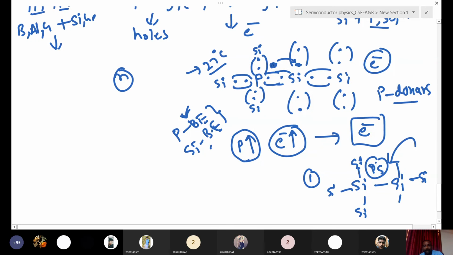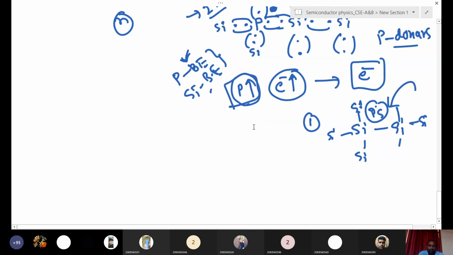Once they break the bond, they will replace another electron in a covalent bond, and like that the number of electrons increases if we increase the phosphorus atoms. Just a minute, I will explain one more time.